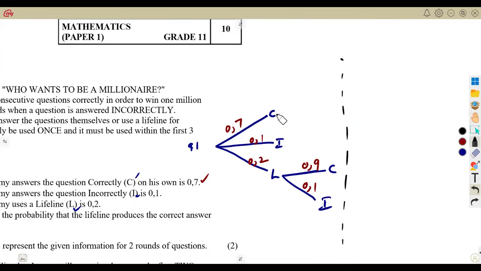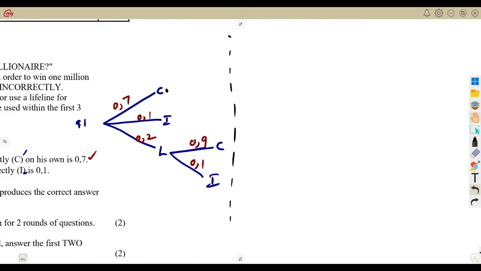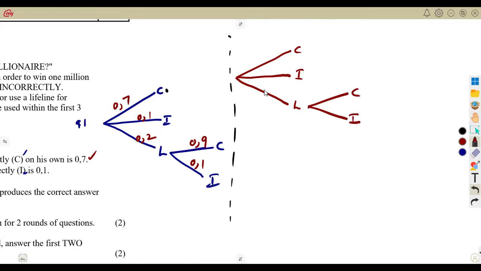Then for the second one, when being correct, you have another chance to perform: correct, incorrect, or the lifeline, and the lifeline again has correct and incorrect. This is just a repetition of what we had: 0.7, 0.1, 0.2, and 0.9 when you are using the lifeline.